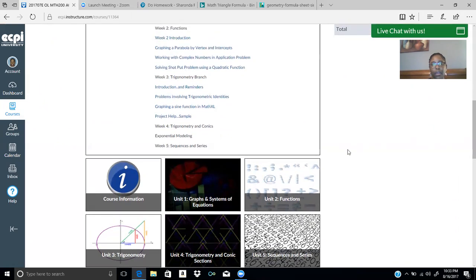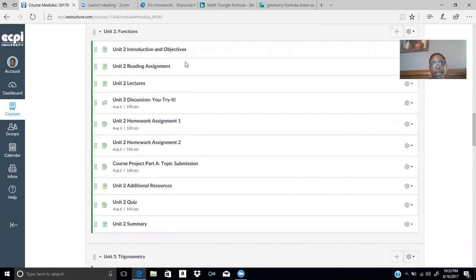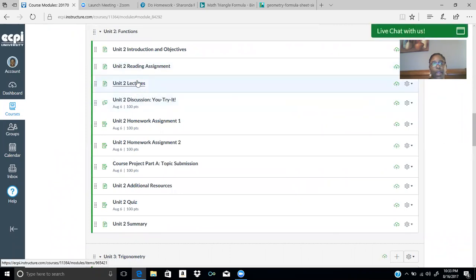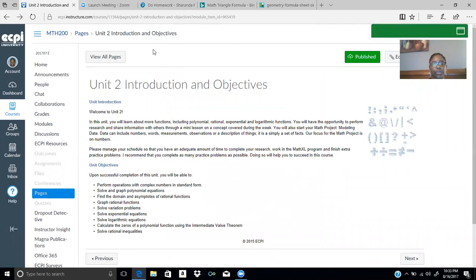With week 2, we were still dealing with more functions. We had in week 2 to deal with complex numbers, solving graph polynomial equations, find the domain and asymptotes of rational functions.